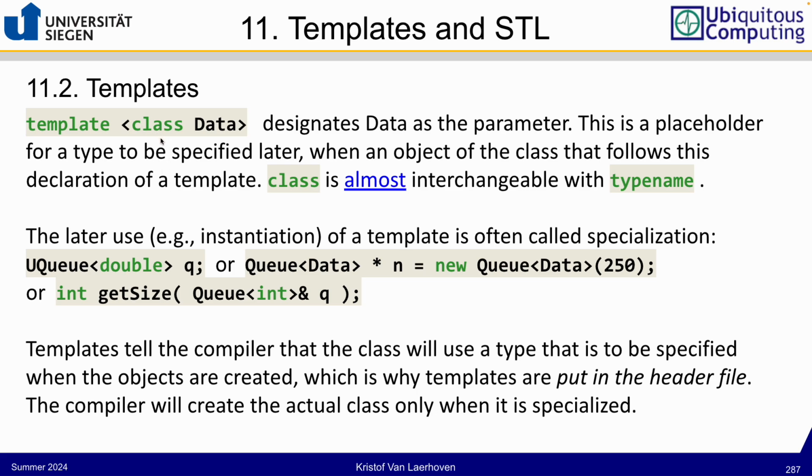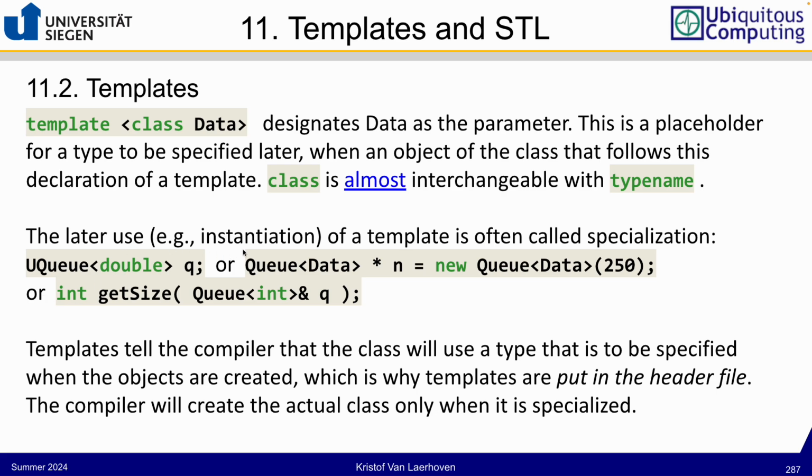That means typically I use class because that is the more common case. In the end, typically when you're programming in C++, you do create classes, and only after those classes you want to create containers that these classes fit in, or containers of where these classes fit in. So that is typically why I tend to take class here. But you might see also type name elsewhere on the web.